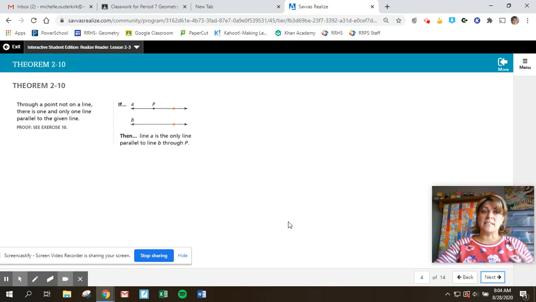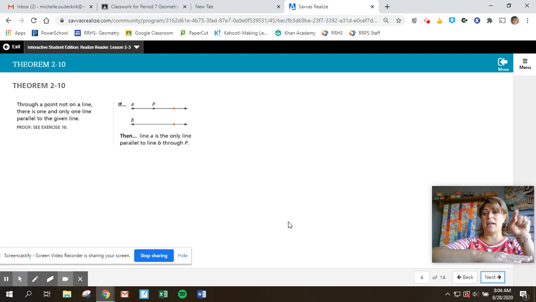This is a theorem. It doesn't necessarily have a name. I wouldn't recommend memorizing it as theorem 2-10, because every textbook is a little bit different. It's not always going to be the same. But through a point not on a line, so you have a line and a point somewhere not on that line, there will be only one line that can go through this point that would be parallel to this line.